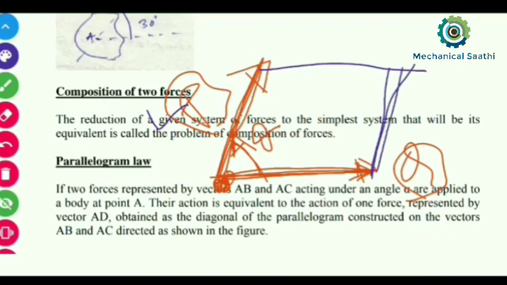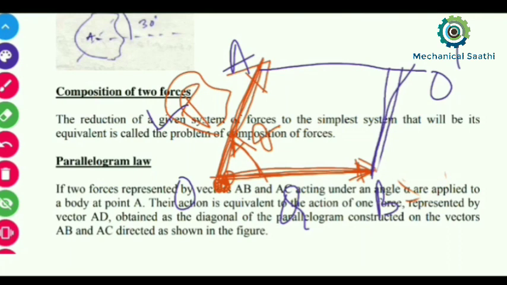Let this point be O, then this point will be O dash, and this is A. This value is P and this value is Q, so this value will also be P and this value will also be Q. So this value will be equal to this value and this value will be equal to this value.